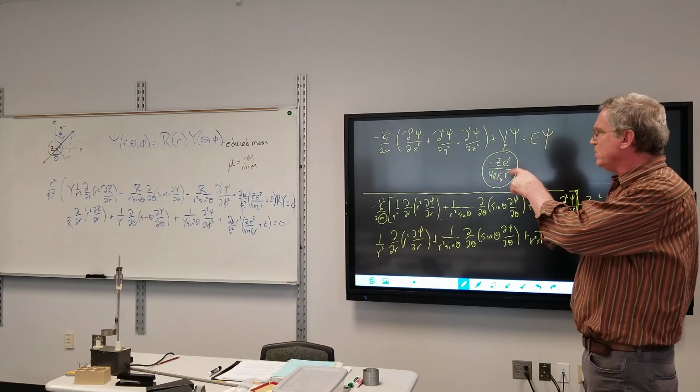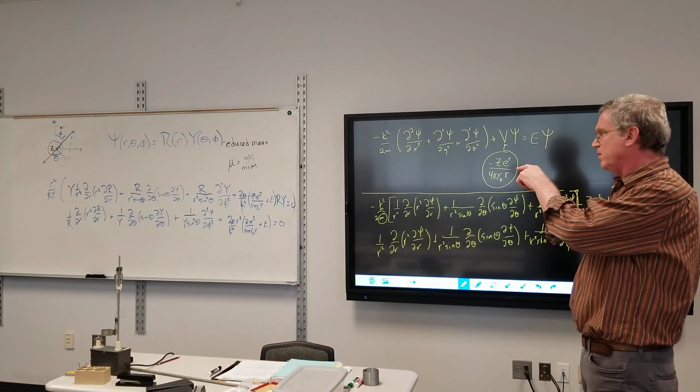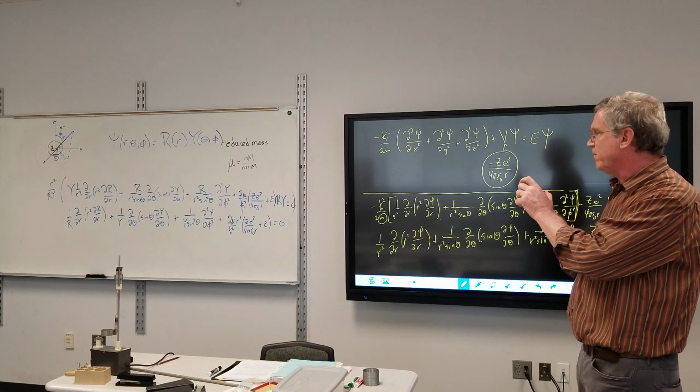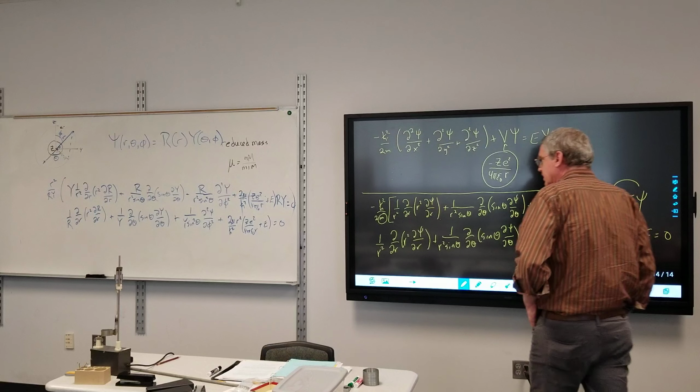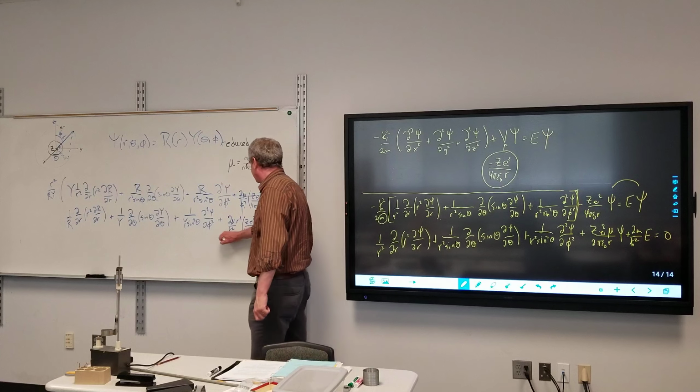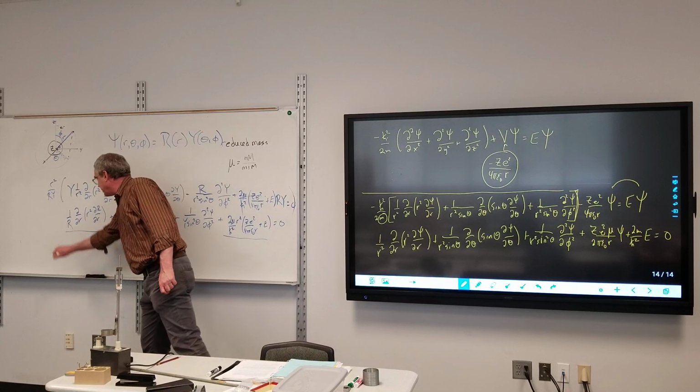Now each of these terms has either theta and phi in it, or it has r in it. So by doing the separation of variables and the other manipulation we did, we reduced it down to an equation where I can just look at the r piece of it. That is dependent upon r, and that is dependent upon r.